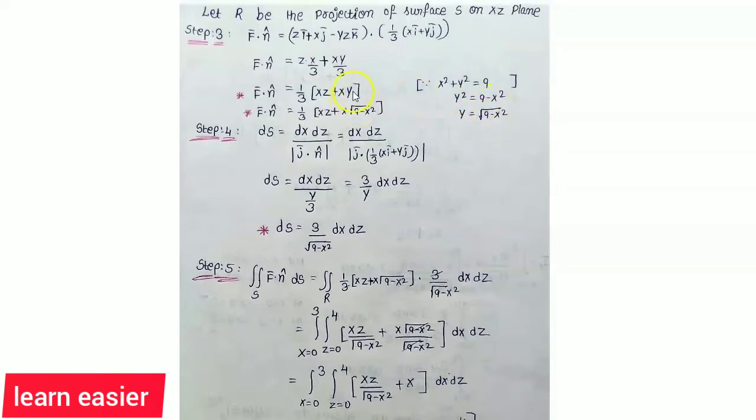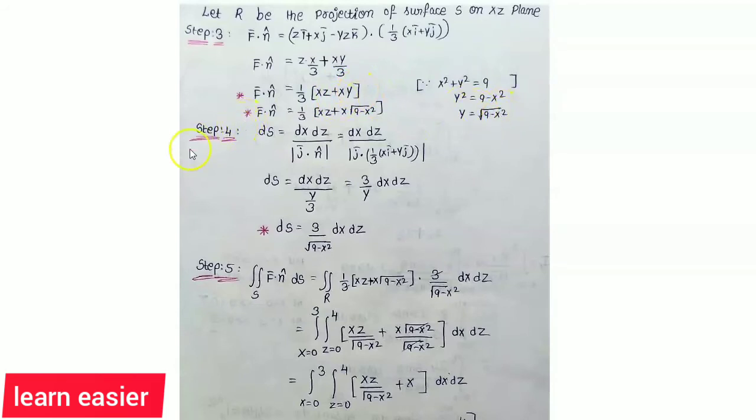So let's replace y with root of 9 minus x square, because we are integrating f bar dot n cap with respect to dx and dz. Why? Because here we are taking the projection of the surface on the xz plane, so that's why we have taken the surface integral as dx dz. We have to integrate with respect to the x limits and z limits, which is why we replace y as square root of 9 minus x square.